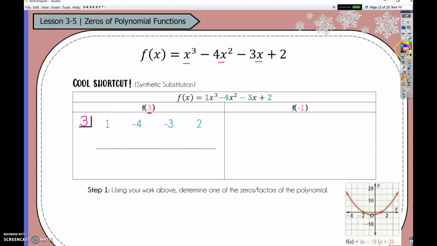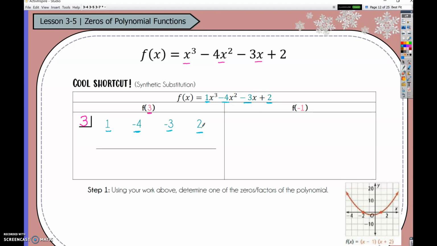Now, you're going to write out all of the coefficients of your polynomial. I had 1x cubed, so I put a 1 down. I had negative 4x squared, so I put a negative 4 down. Negative 3x, so I put a negative 3, and a plus 2, so I put a plus 2. You can't just write it however you'd like.